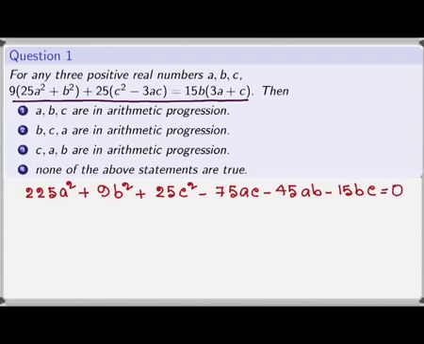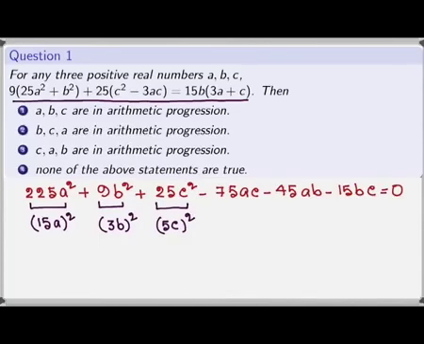Note that 225a square is equal to (15a) whole square, 9b square is equal to (3b) whole square, 25c square is equal to (5c) whole square.